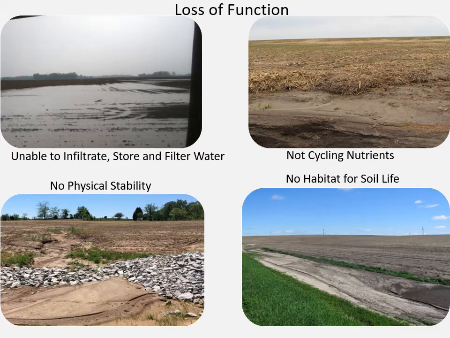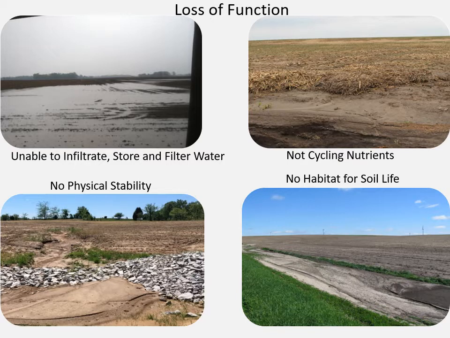To always think about function as having function. So often people come and talk to us when they are missing function, when they're having these problems on the landscape. And that's when we start to piece together that we've had a loss of function. So when our soils aren't able to infiltrate or store water or filter that water, that's a loss of function.